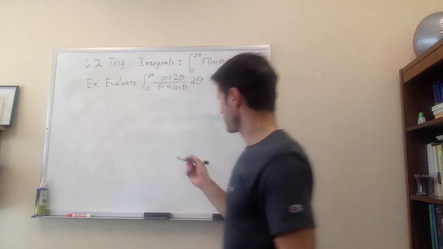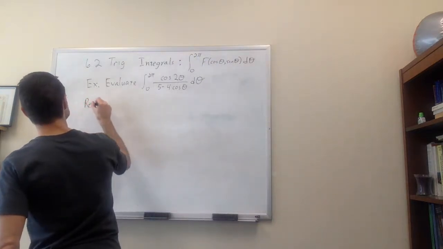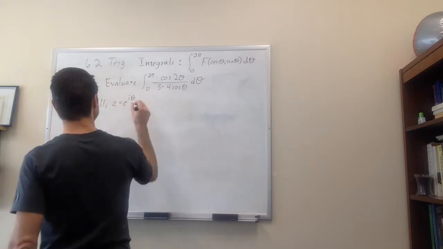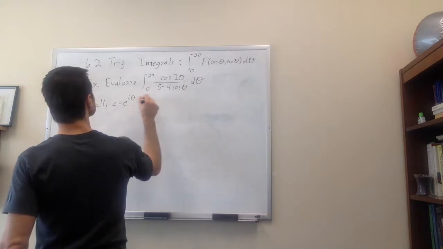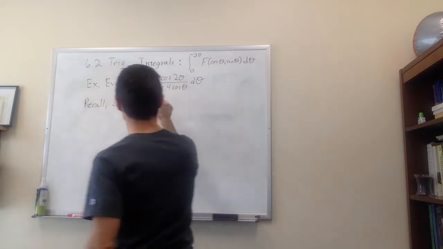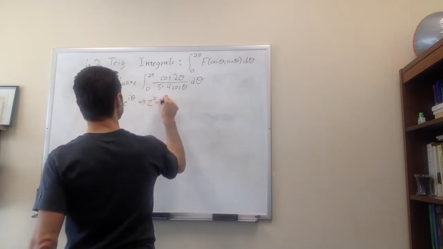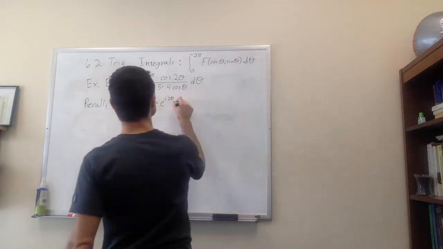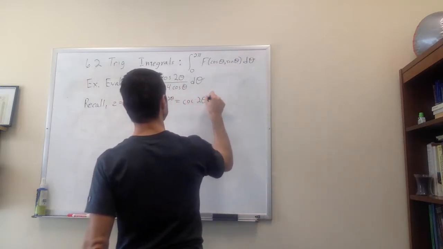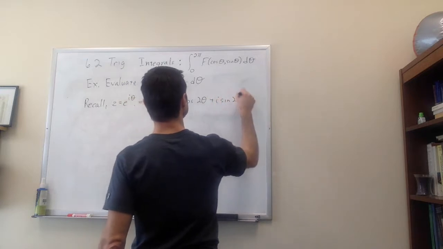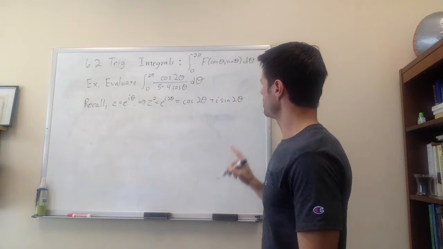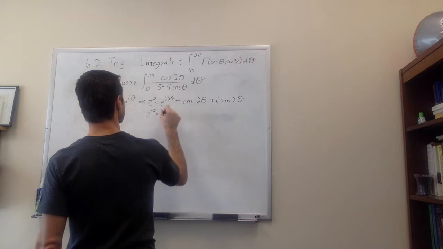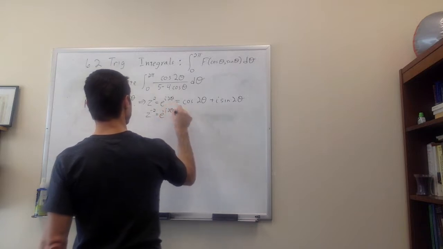So if you recall, we let z equal e to the i theta. If we square z, we get e to the i 2 theta, and using Euler's formula, this is cosine 2 theta plus i sine 2 theta. Also, z to the minus 2 equals e to the minus i 2 theta.